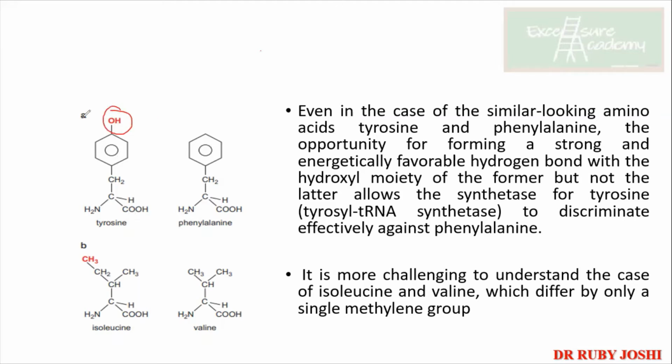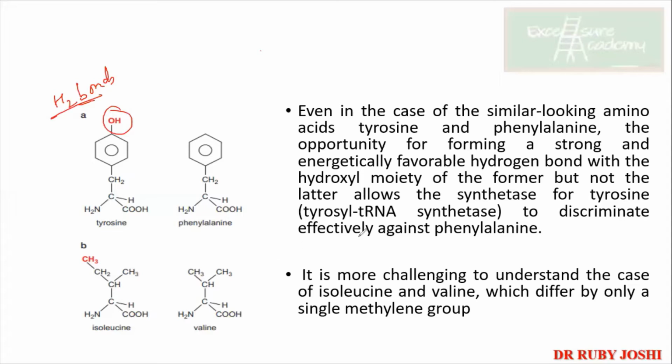Okay, so it can form hydrogen bonds very nicely and easily with the enzymes, whereas in the case of phenylalanine, it is not possible. So this is how the enzymes are going to differentiate.